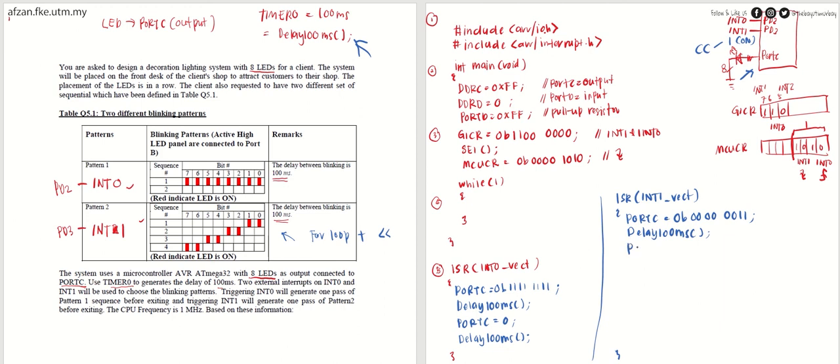Next, PORTC. What is my second sequence? 0B, this one off, off, off, off, while this one is on and this one is also off.